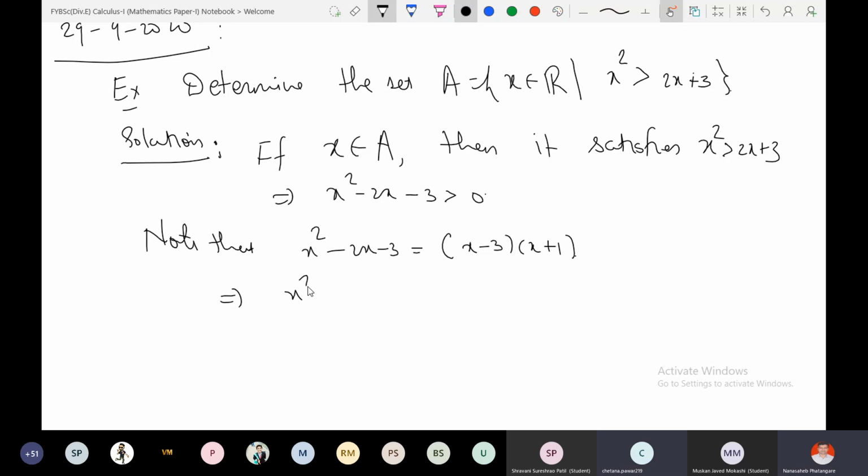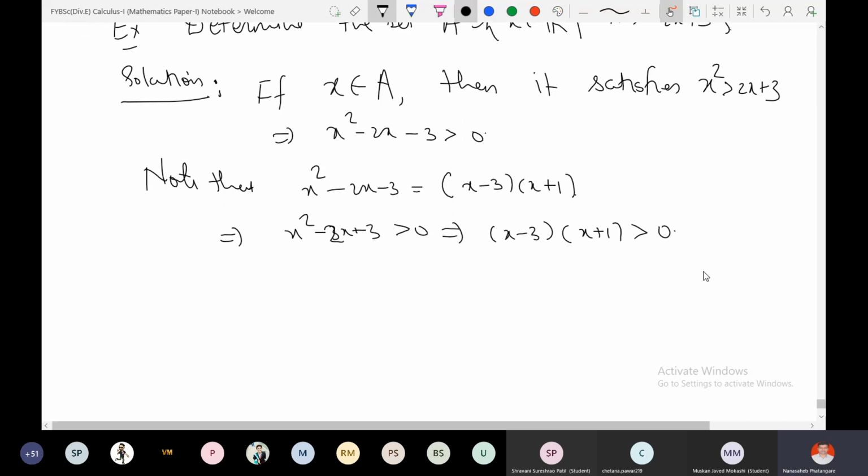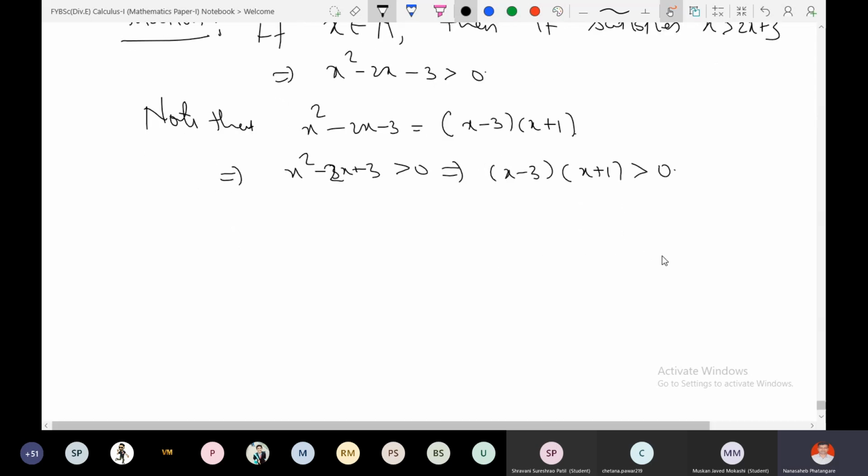Therefore x square minus 2x minus 3 greater than 0 is equivalent to saying that this product, x minus 3 into x plus 1, is positive. That means the product of two brackets is positive, but x is a real number, right? So the product of these two real numbers is positive.